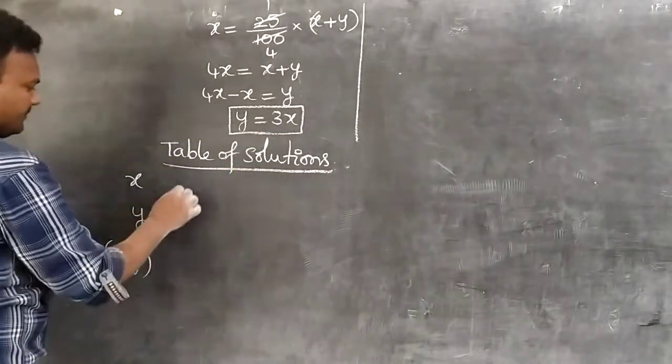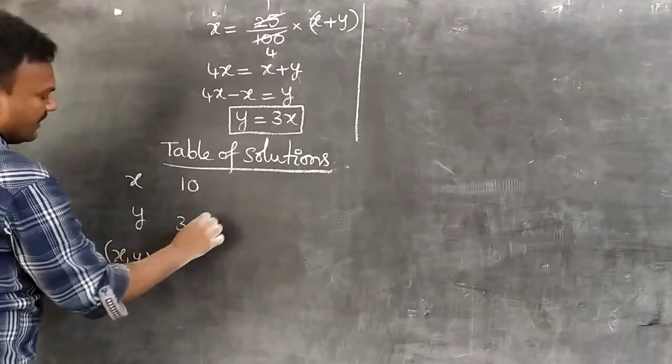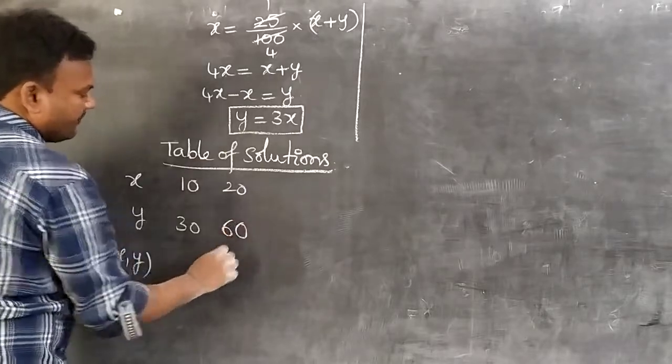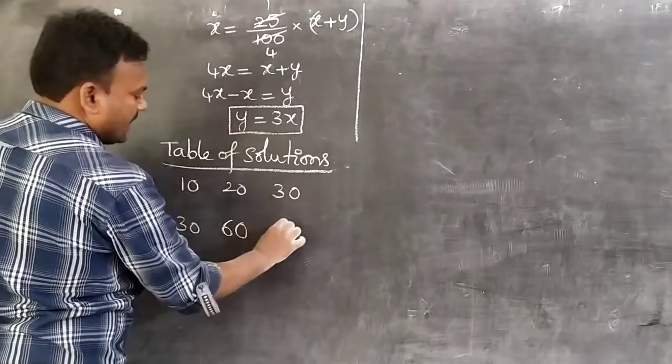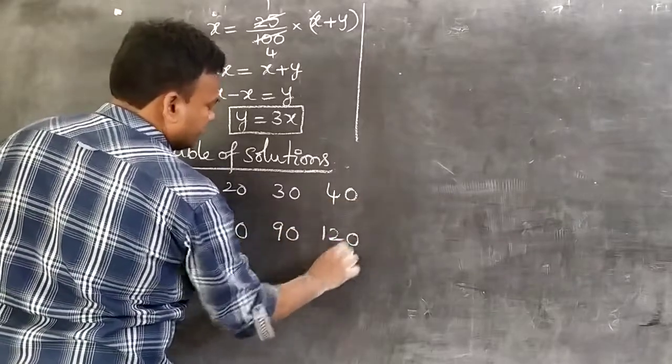Okay, here observe. If X value is 10, Y is 30; 20, 60; 30, 90; 40, 120.